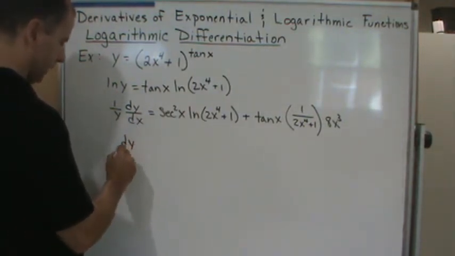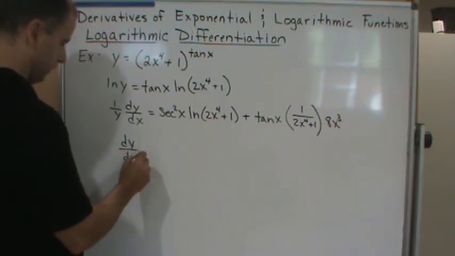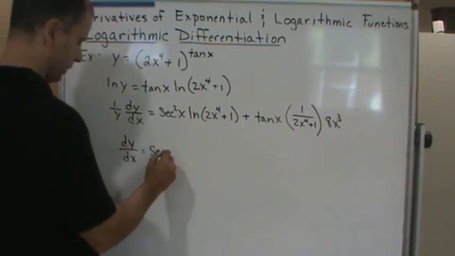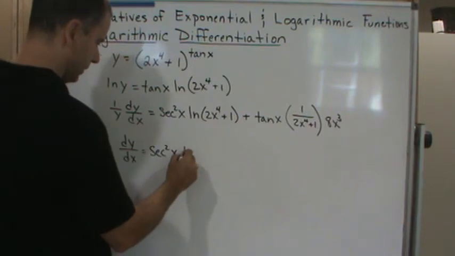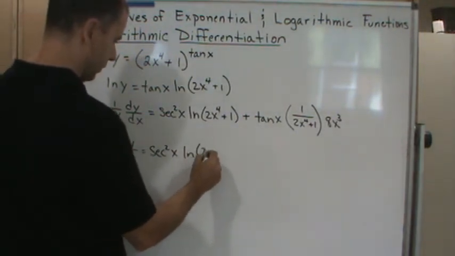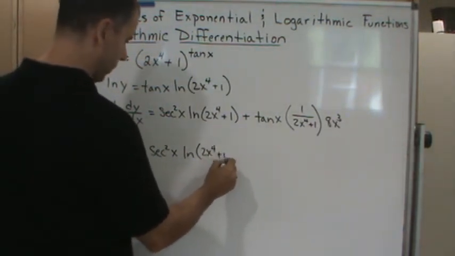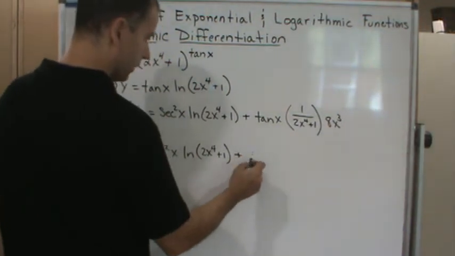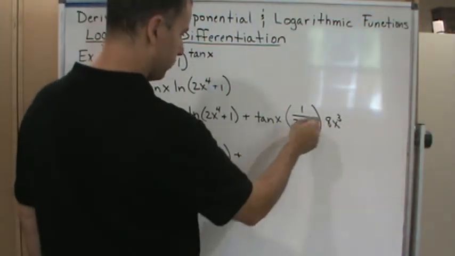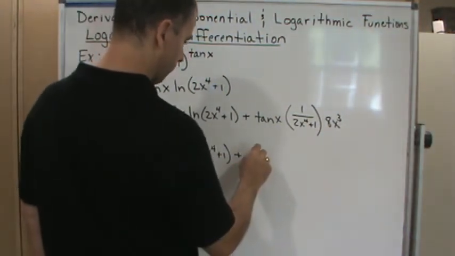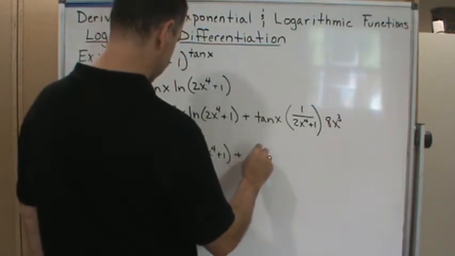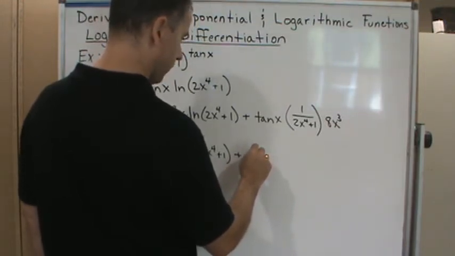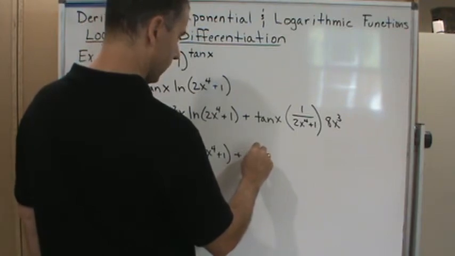So I get dy dx equals secant squared x times the natural log of 2x to the fourth plus 1 plus, now this one, let's see how I'll write this.